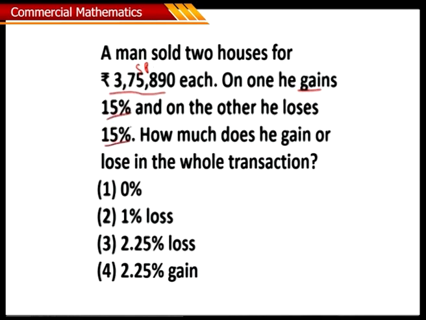Whenever two objects with the same price are sold, and on one he is getting some X% and losing X%, then whenever we are considering two articles are sold for the same amounts, and on one he is getting X% profit and on the other he is getting X% loss, in such situation, simply always the resultant is a loss.